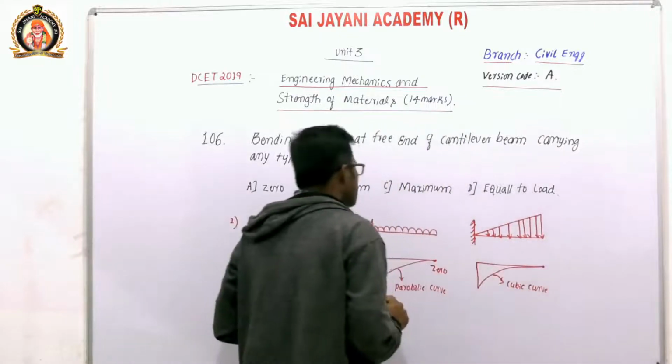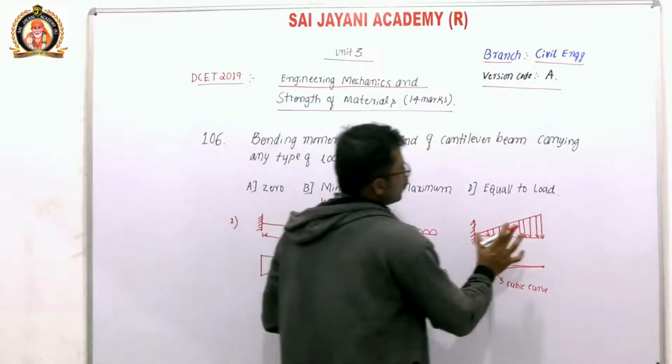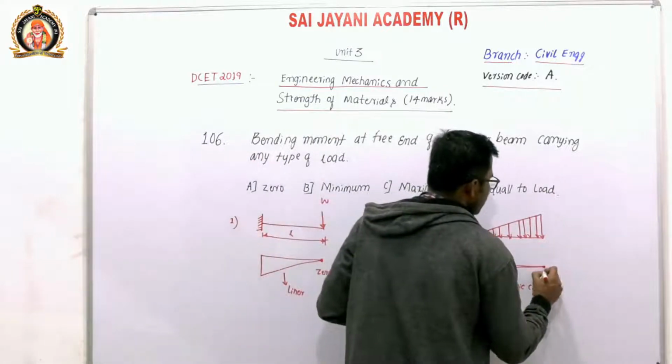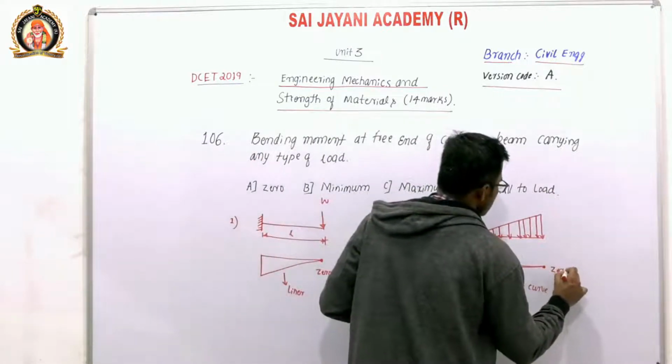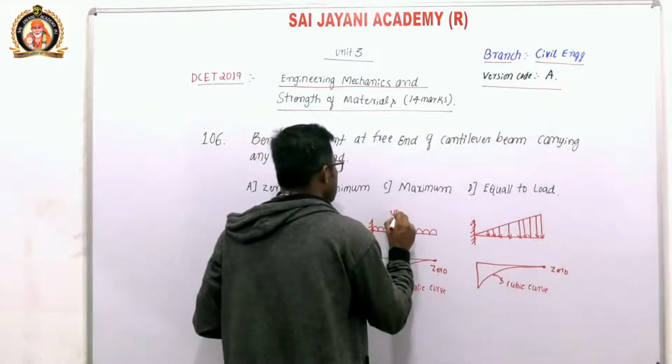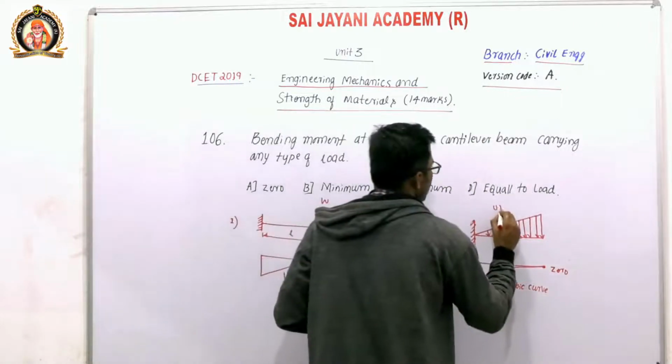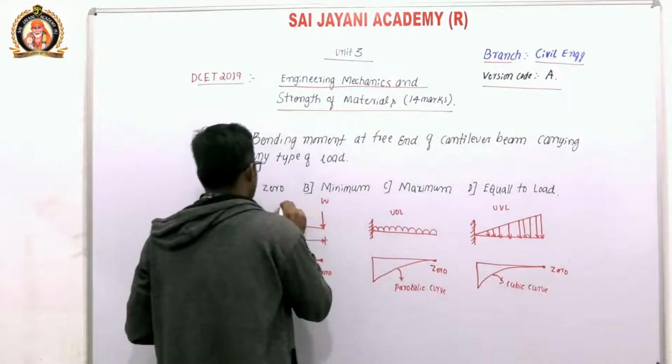Here also, when a cantilever beam is subjected to UVL, the bending moment at the free end is 0. So this is UDL, UVL, and this is point load.